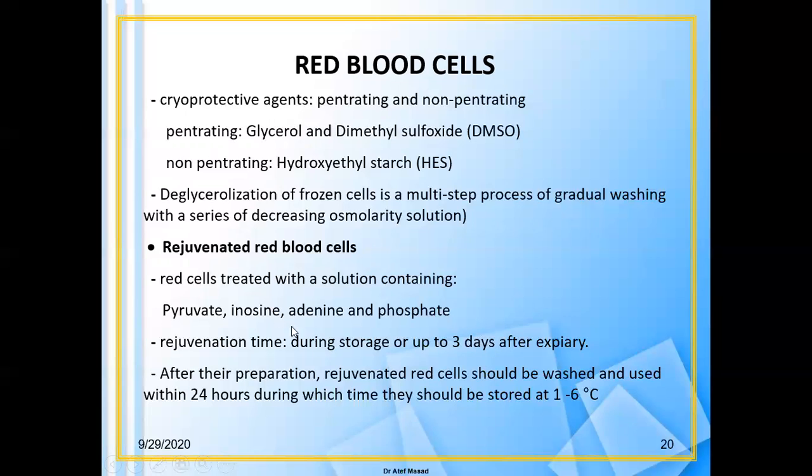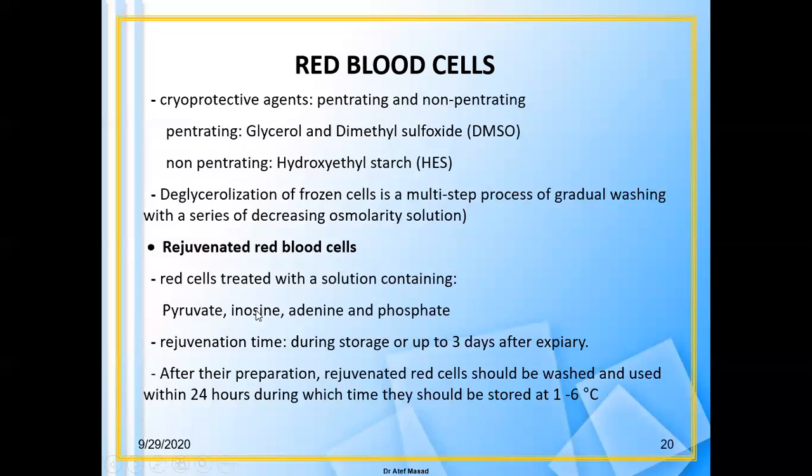So we have to use an agent which can protect RBCs from the cold temperature. The cryoprotective agents are of two types: one which can penetrate the RBCs and another which cannot penetrate.